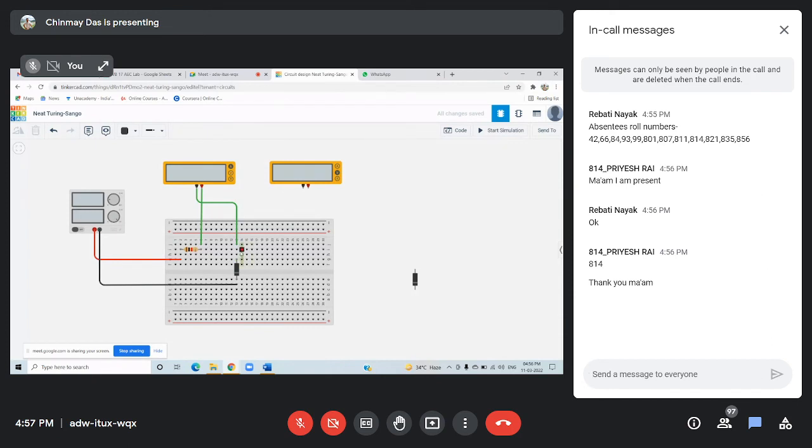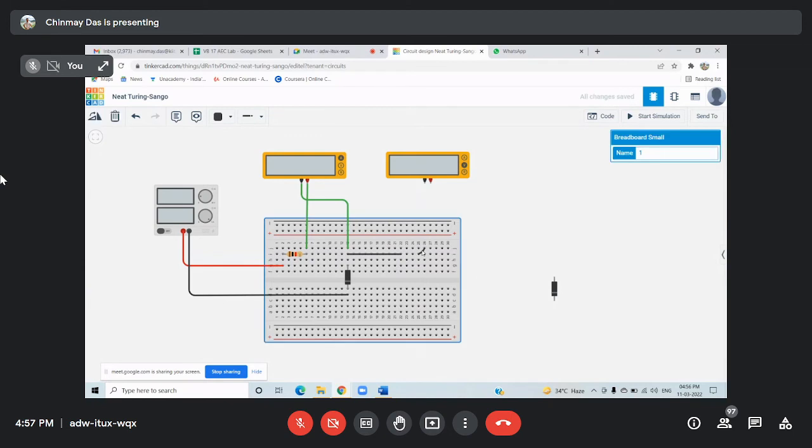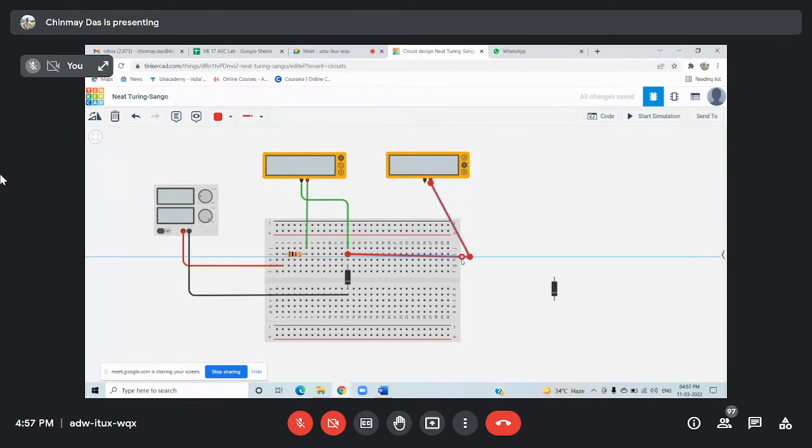So I will take a wire from this point, the anode of the diode. Make it red for positive. Okay, and negative has to be connected with the cathode.